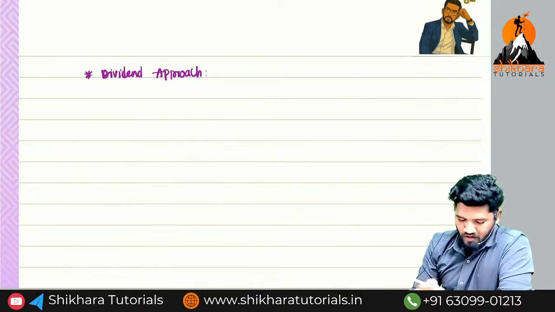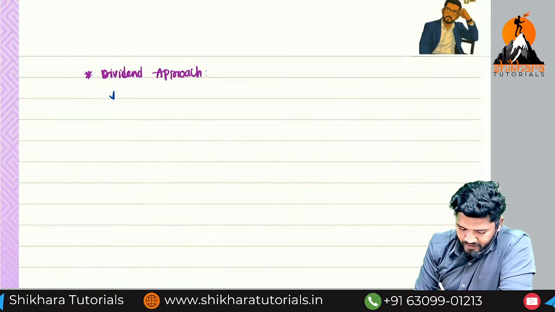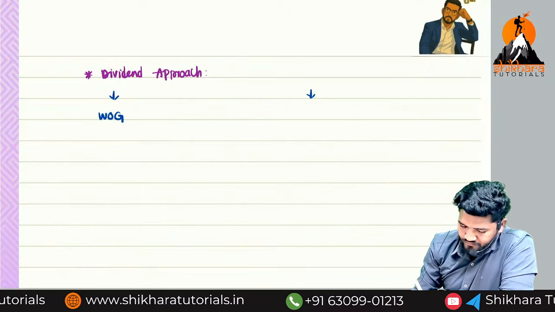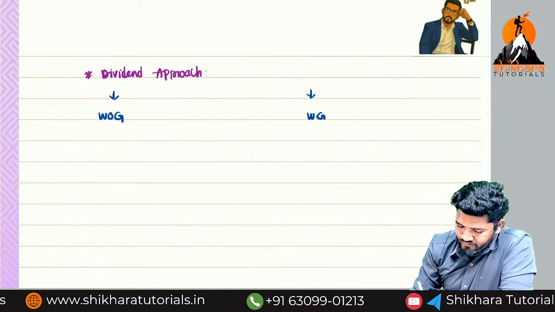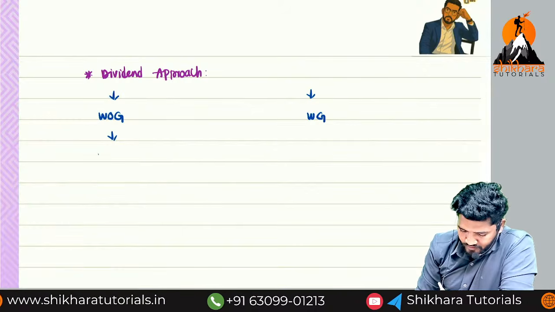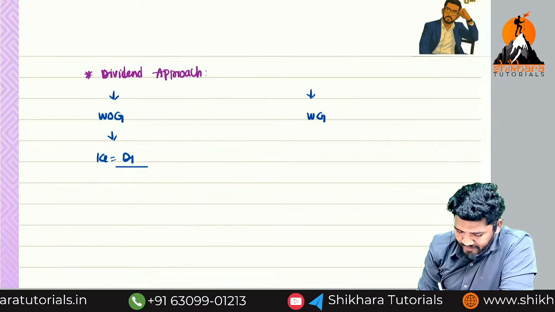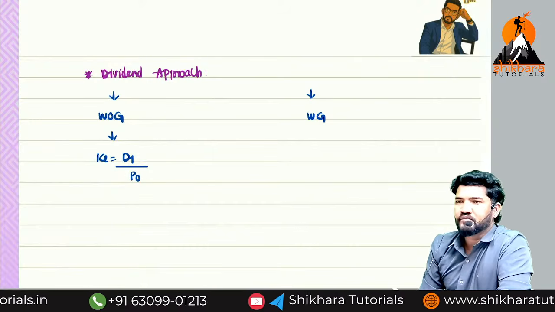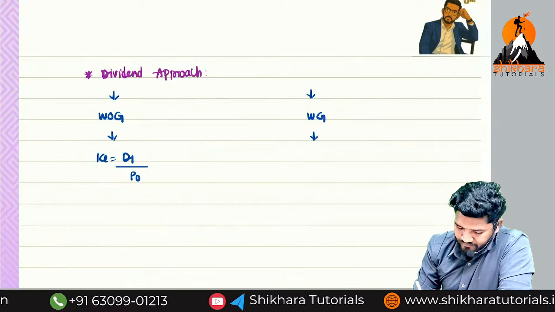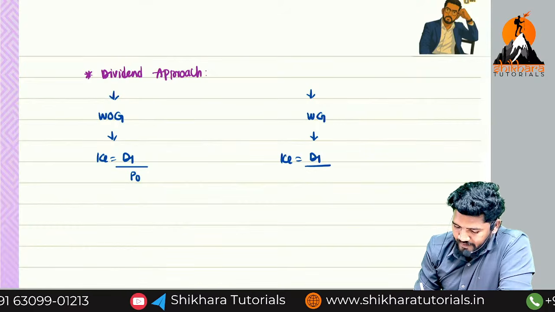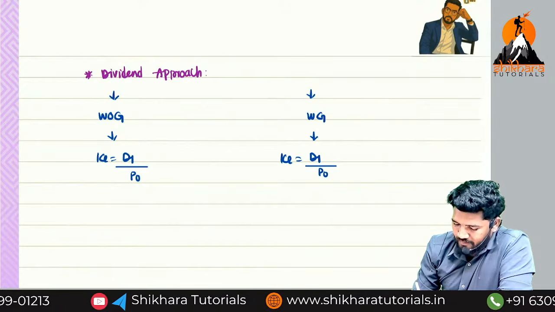Okay. Next, when it comes to the dividend approach, here also the same logic: without growth and with growth. Without growth, KE equals expected DPS divided by P0. With growth, KE equals expected dividend divided by P0 plus growth.